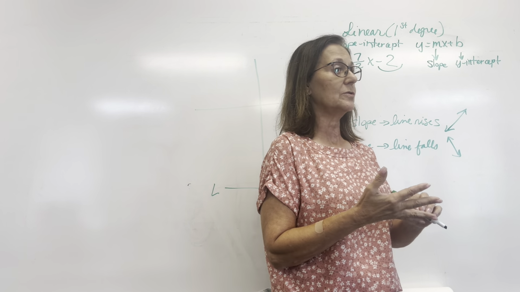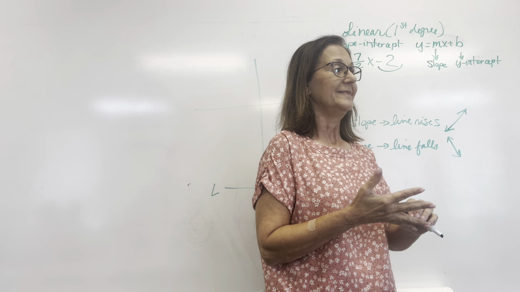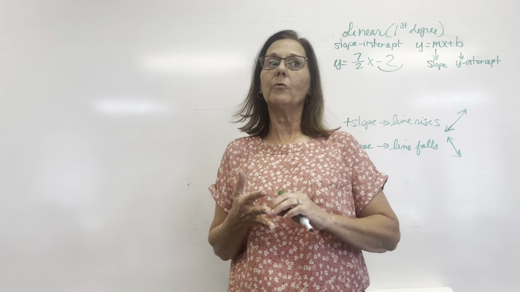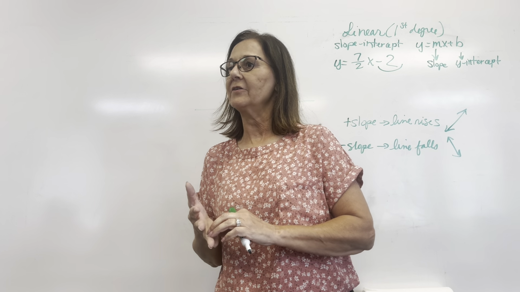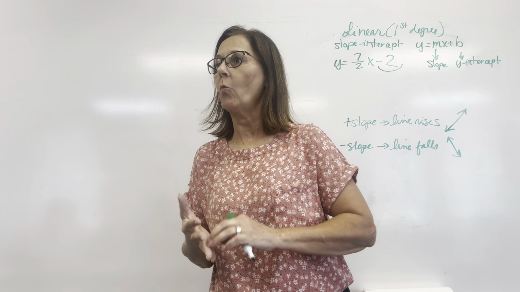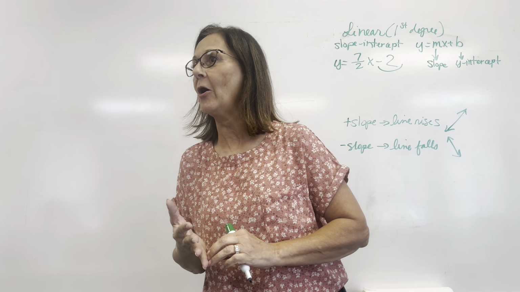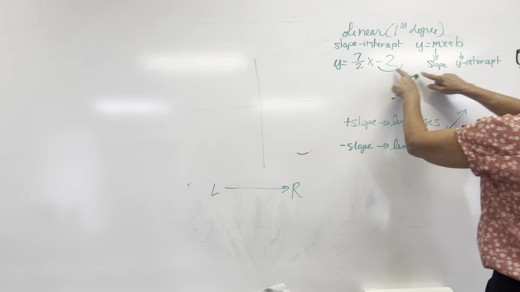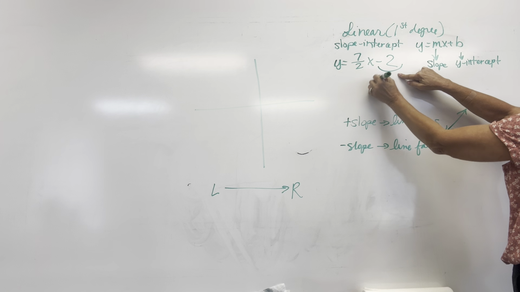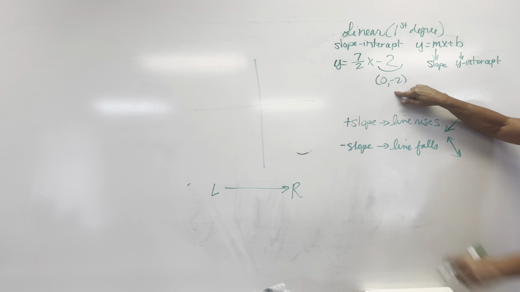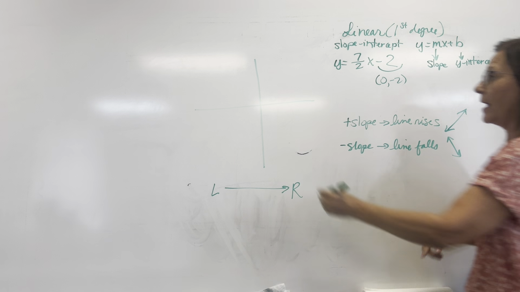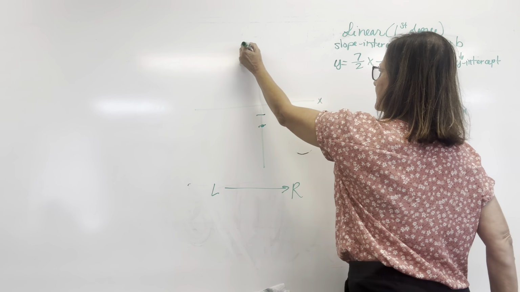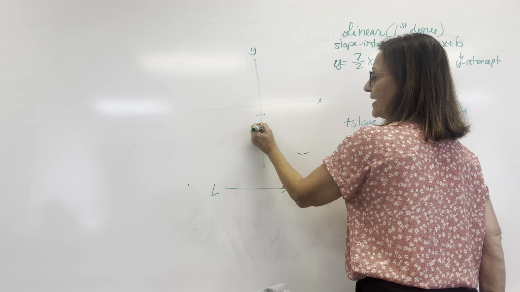So what do you think the value of y is for your x-intercepts? On an x-intercept, y equals 0. Got it? All right, so this really gives me a coordinate point. 0, -2. So that's what I plot. This is my x-axis. This is my y.